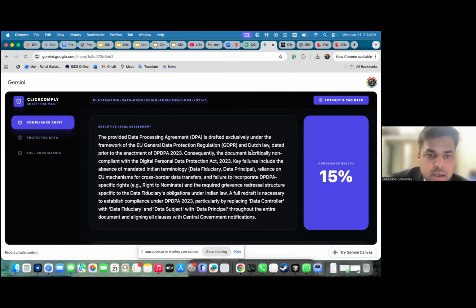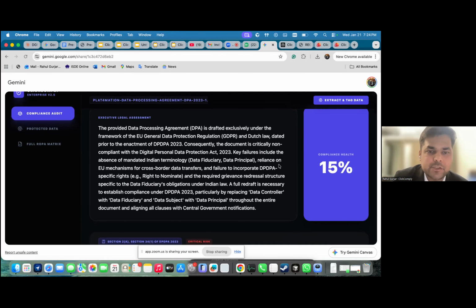So I'll just read. The provided DPA is drafted exclusively under the framework of the EU GDPR and Dutch law. Yeah, I guess there's Dutch law involved in this also. Dated prior to the enactment of the DPDP 2023. Consequently, the document is critically non-compliant with the DPDP Act.